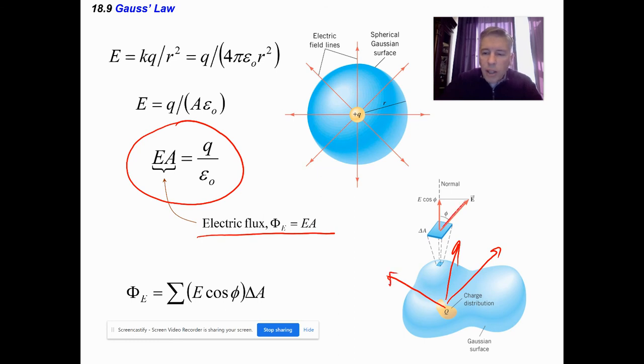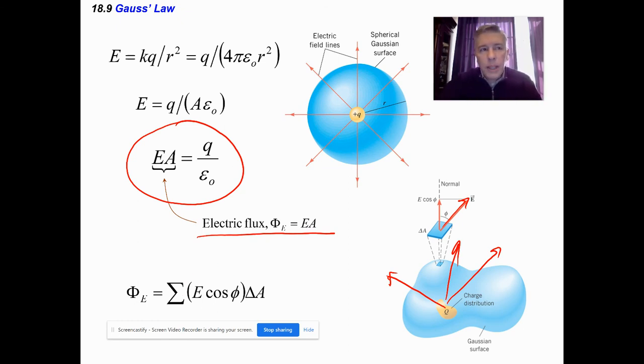So you might have the electric field going this way. What we want is not just E times the area, it's the sum of all the electric fields times the cosine of phi, where we want to figure out what component of the electric field is perpendicular to that actual area.